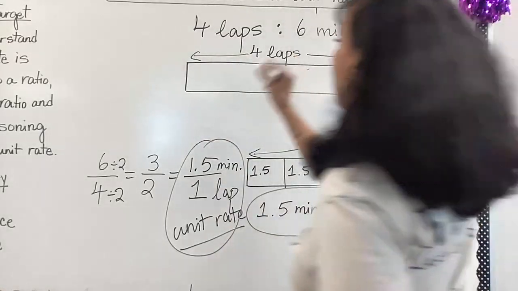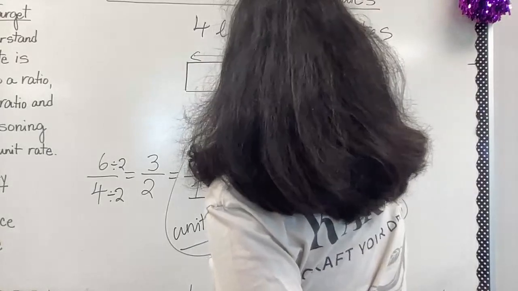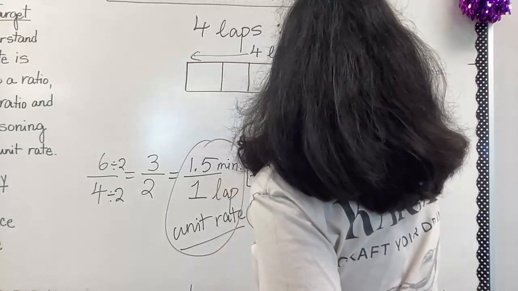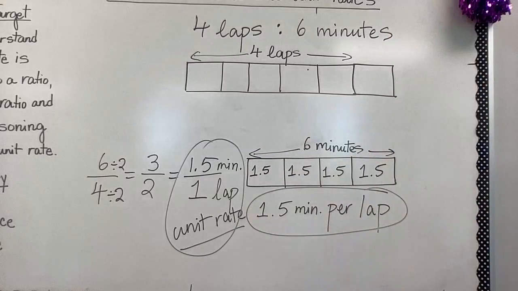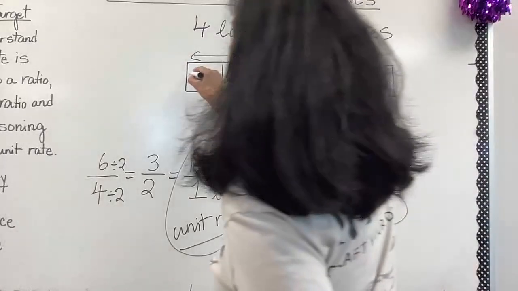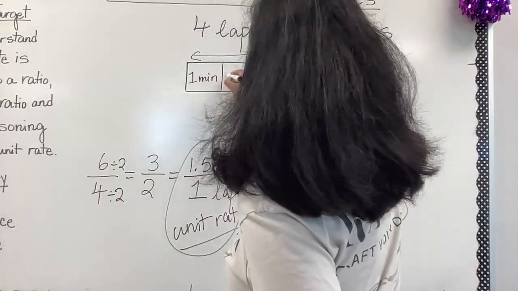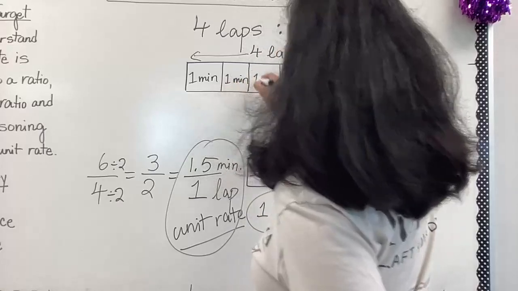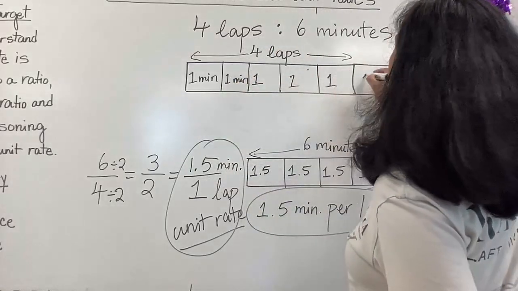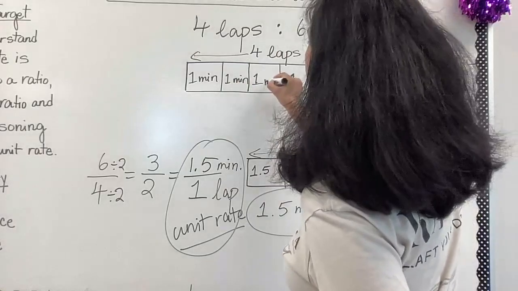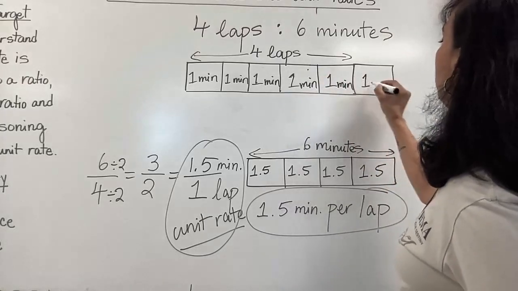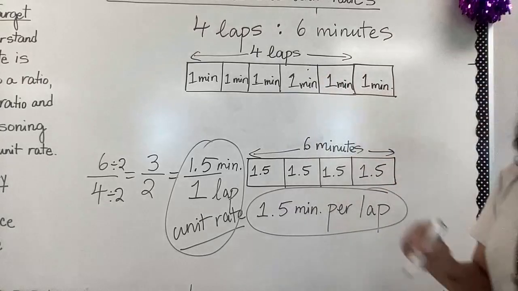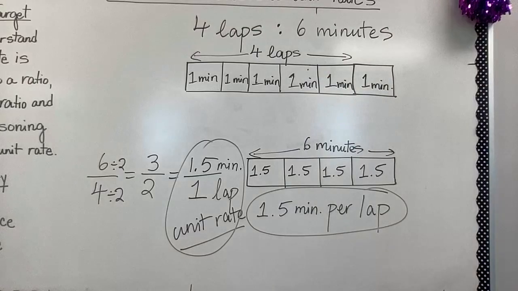So we are going to do 1, 2, 3, 4, 5, and 6. All right. So these are all 1 minute each. I'm just trying to make the visual so that you can understand what we are doing.